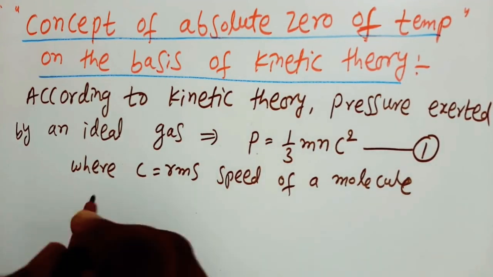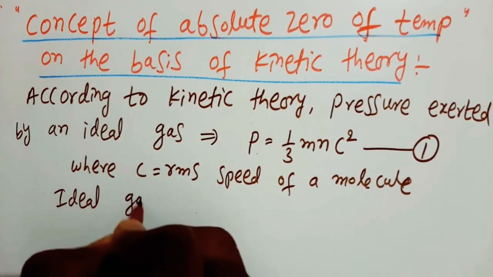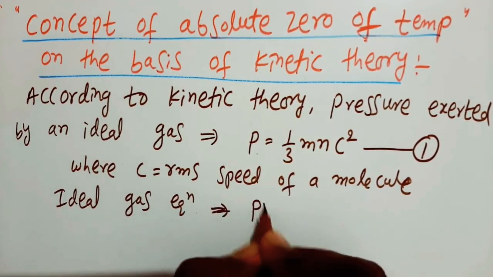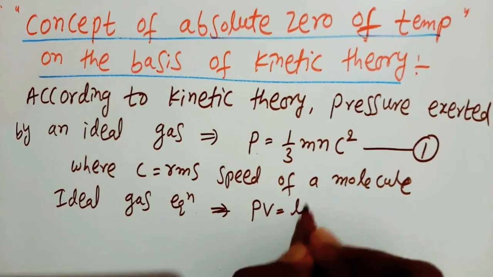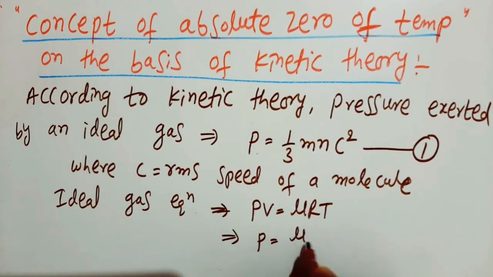We know the ideal gas equation, that is PV is equal to mu RT. So from this we can write P is equal to mu RT by V. Let us take this as the second equation.